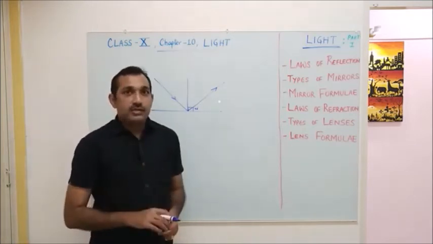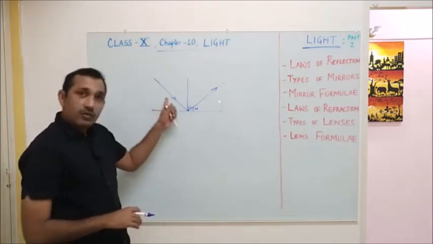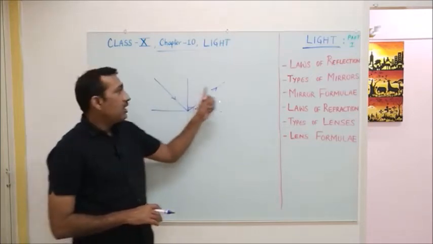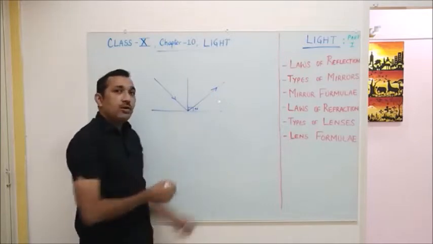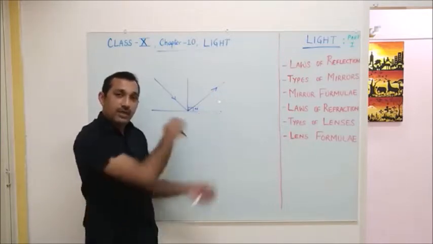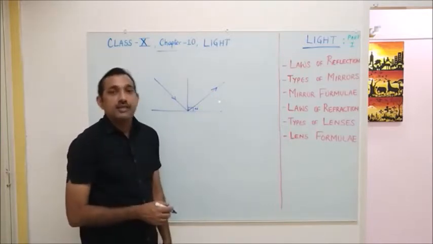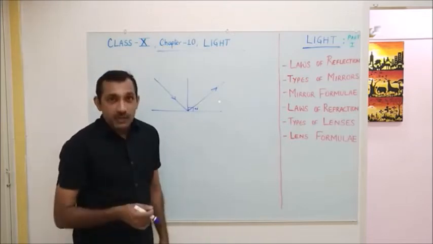The first law says the ray of incidence, the ray of reflection and the normal on the surface where it is getting reflected all lie in the same plane. What does it mean?